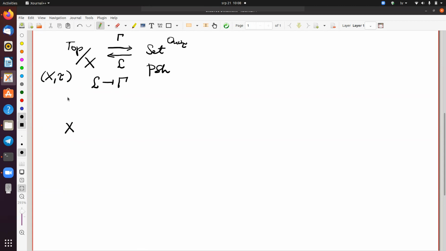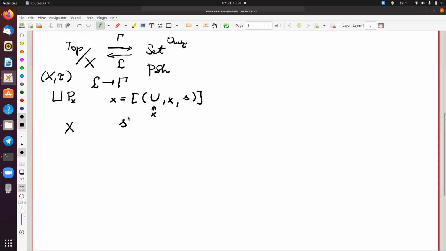So over point X, you will have some space, say P_x, and the total space was a union of these P_x. So P_x were all germs of sections, and these were classes of triples where I had an open set around X, around X, I have to remember what is X, and I would take some section s.